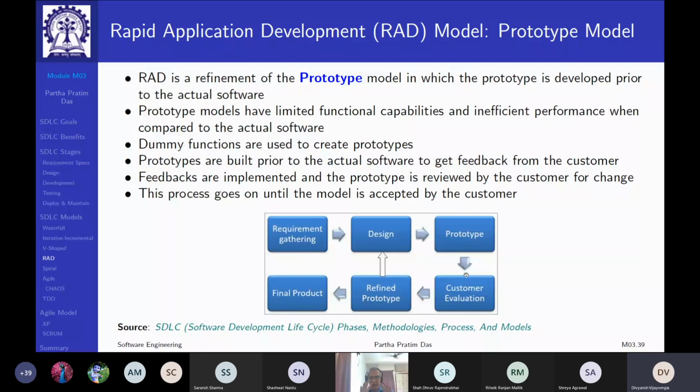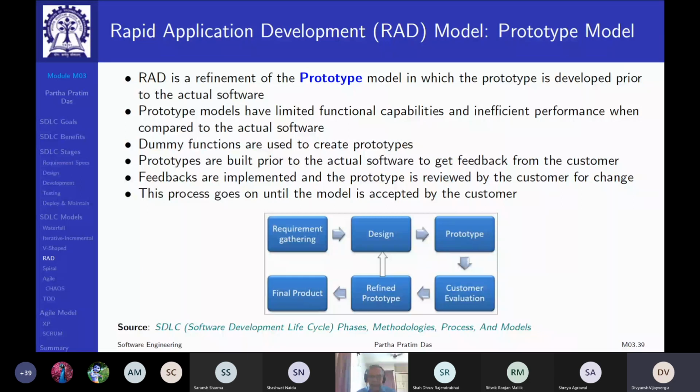So this feedback loop, this iteration, is similar to the iterative refinement model, but more well defined in terms of requirements of prototypes. And you keep on cycling through this till you have a refined prototype, which is the acceptable final product.